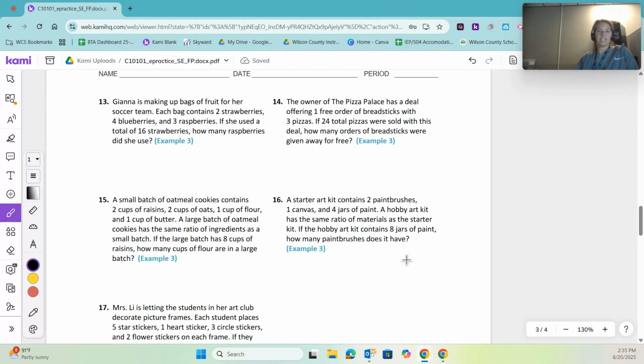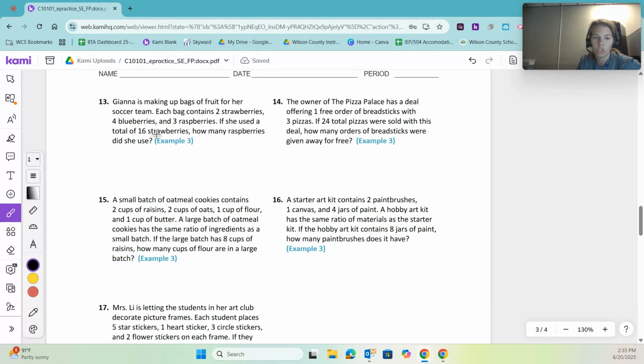Last type of problem we are going to do today is Gianna is making up bags of fruit for her soccer team. Each bag contains 2 strawberries, 4 blueberries, and 3 raspberries. If she used a total of 16 strawberries, how many raspberries did she use?